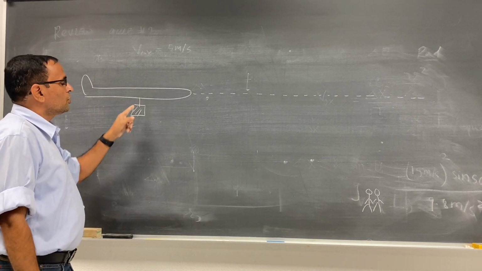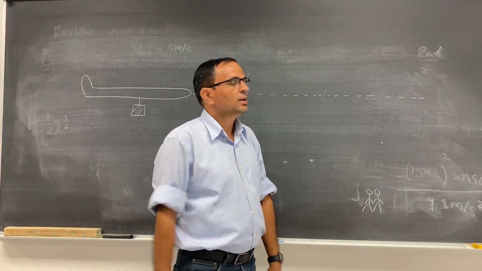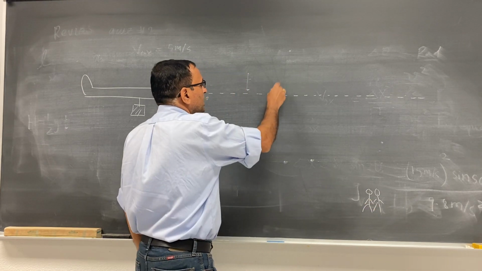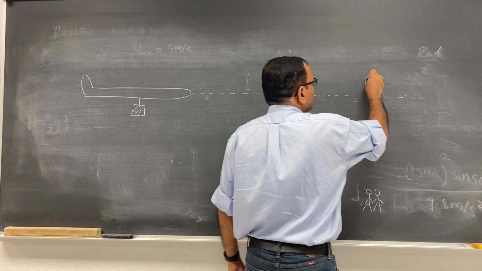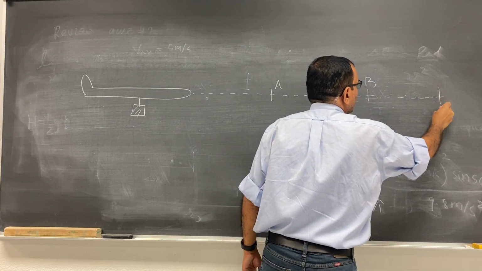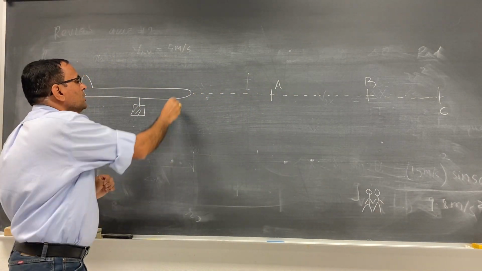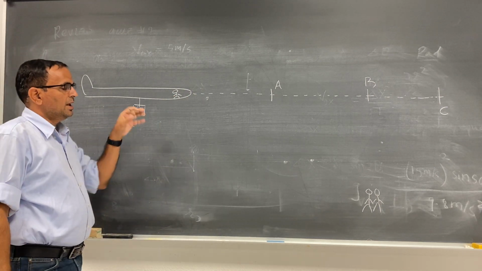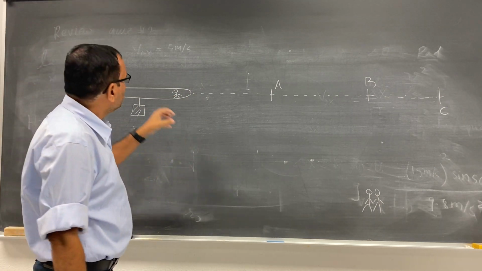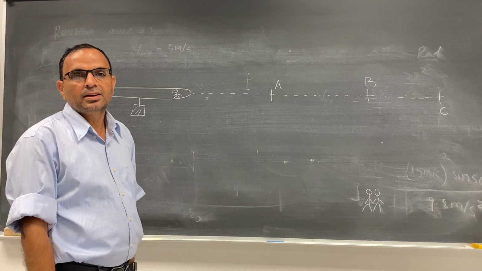The pilot has to drop this package so that these people can grab that package. And I give you the options. Let us suppose point A, point B is vertically above the victims, and point C. This plane is moving at constant velocity, and the pilot here has to drop that package. From which point, A, B, or C, does the pilot have to drop the package? From point A, from point B, from point C?